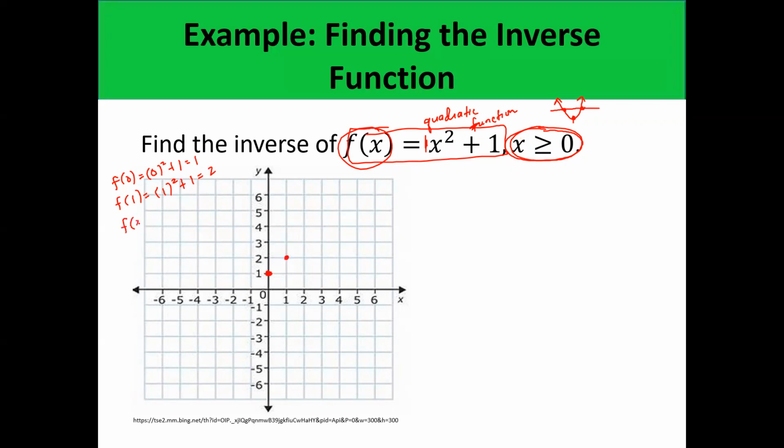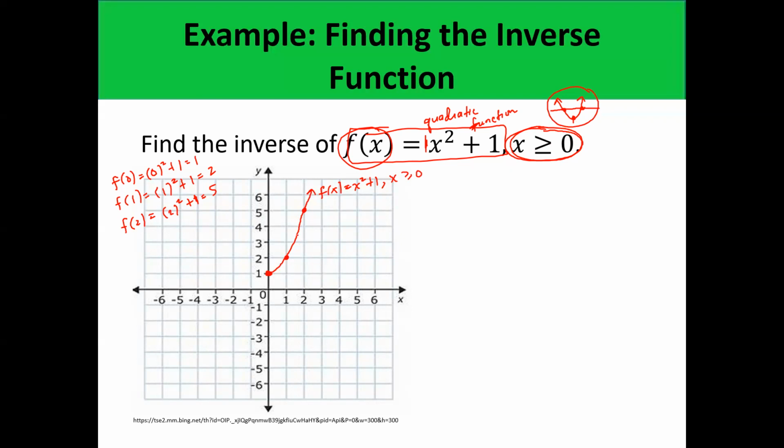Now, if we use f of 2, so x equals 2 is still in this interval. So 2 squared plus 1 is equal to 5. So we have this point here. So this is the graph of f of x equals x squared plus 1, where x is greater than or equal to 0. So it's actually just half of a parabola that opens upward.